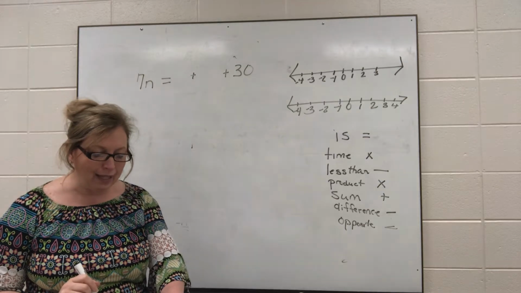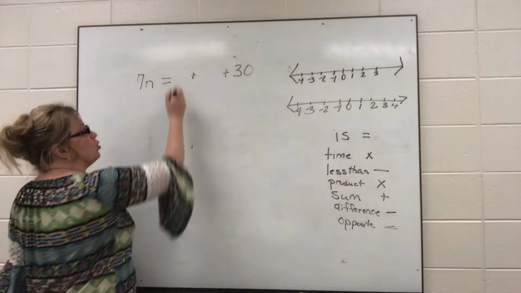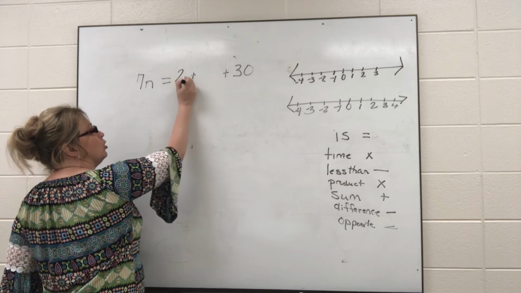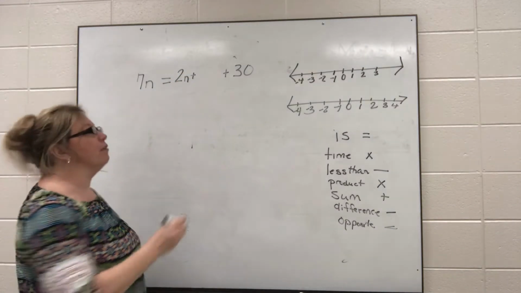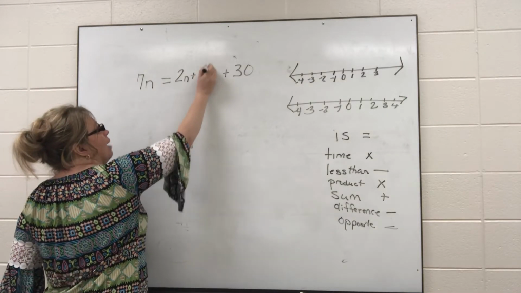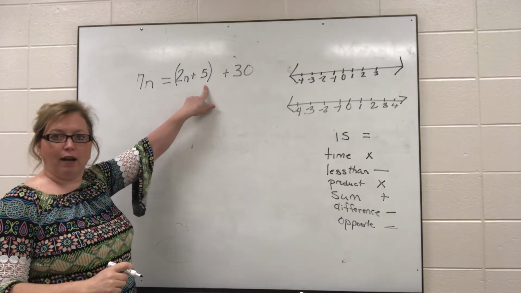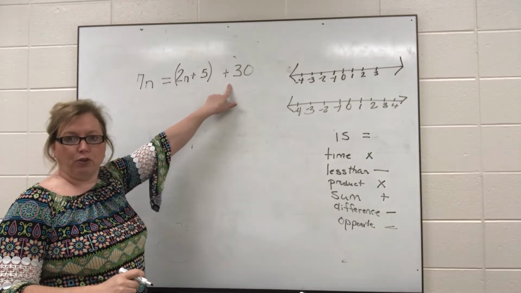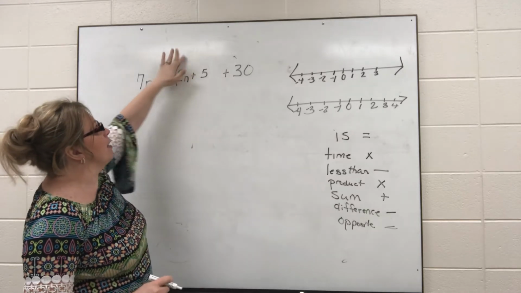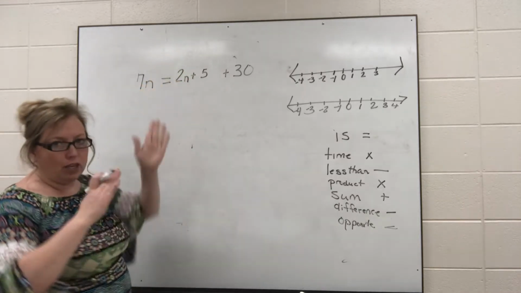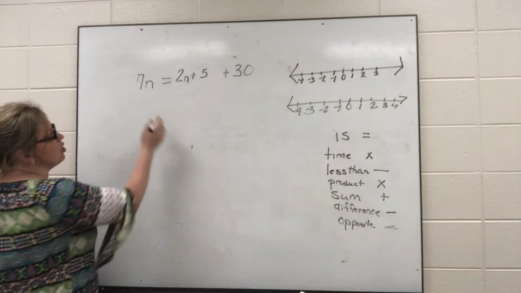I'm going to add the sum of twice the number, so twice the number will be 2n, and 5. So I'm going to say what's twice the number and 5, and I'm going to add 30. Now, I don't need these parentheses here, but I showed you so that you could think through the process of the work. So let's solve this.